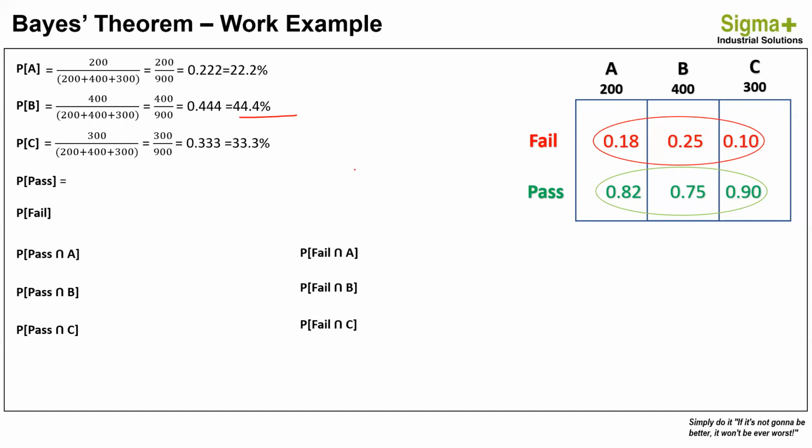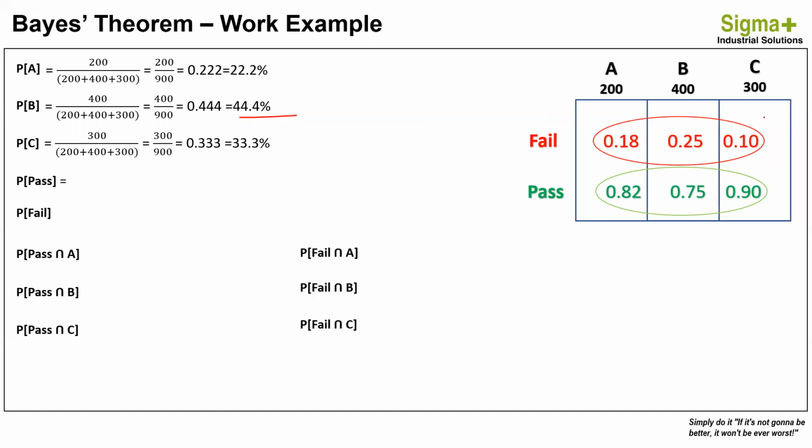Okay, if I'm speaking about the probability that the product passes, we know the fail rate already, so it's very easy to calculate the probability of pass for each type. If it's an 18% fail rate for the 200, then the pass rate is 82% for product A. A 25% fail rate for the 400 means the pass rate is 75%.